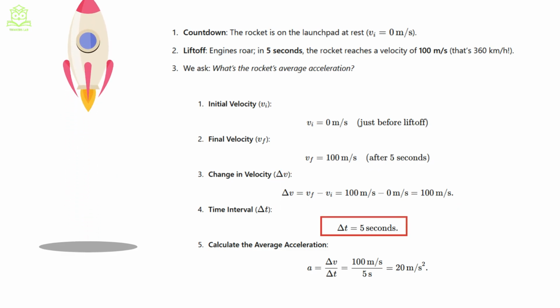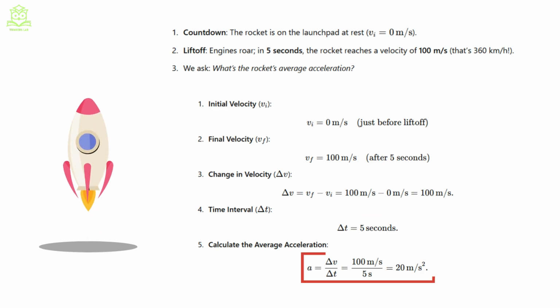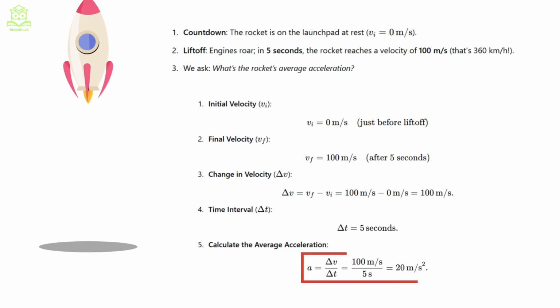Time interval, dt. dt is 5 seconds. 5. Calculate the average acceleration. a equals delta v divided by delta t equals 100 meters per second divided by 5 seconds equals 20 meters per second squared. This means the rocket is adding 20 meters per second to its velocity every second during those first 5 seconds of flight.